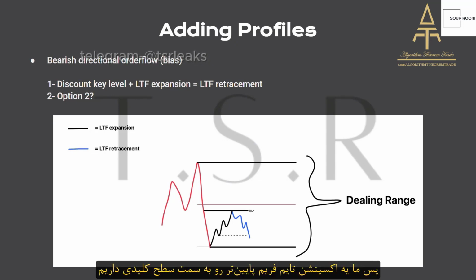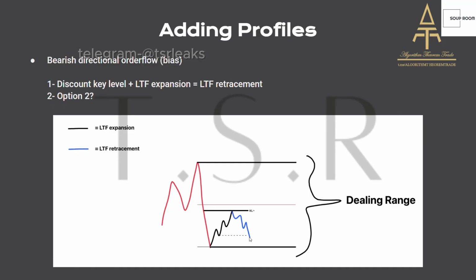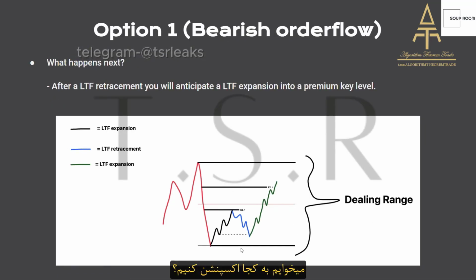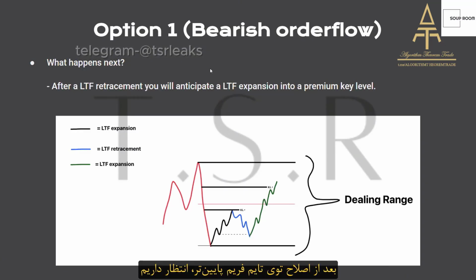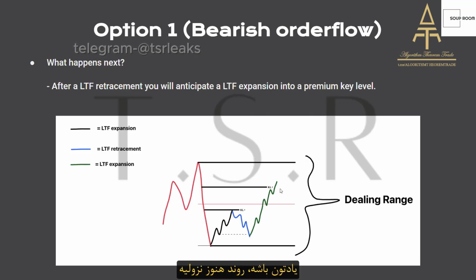All right. So we have a lower time frame expansion into the key level, a retracement on the lower time frame. And then we will likely see the expansion upwards. Where are we going to expand? After the lower time frame retracement, you will anticipate a lower time frame expansion into a premium key level. Keep in mind, price is still bearish.